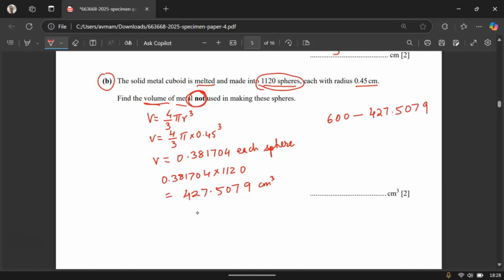Again, on my calculator, I'm just subtracting the exact answer from 600. That will give me 172.5 rounded to one decimal place. The actual answer is 172.4920717. So when you round this to one decimal place, 172.5 cubic centimeters.